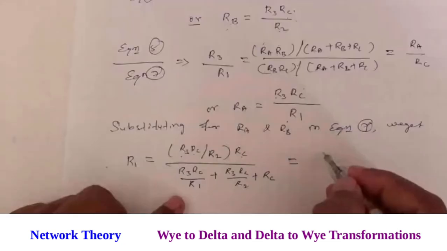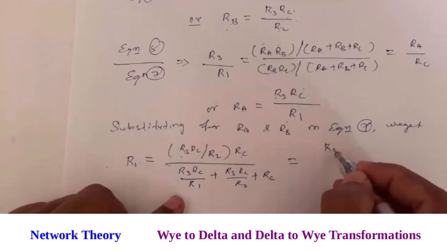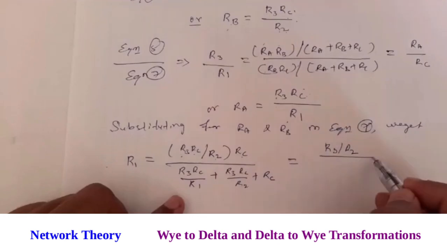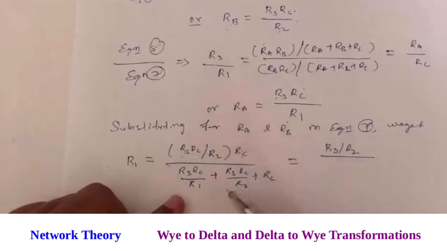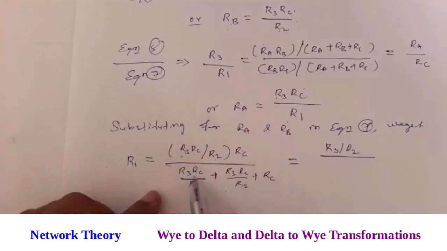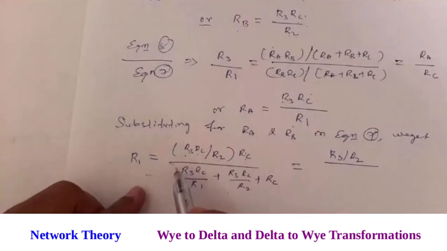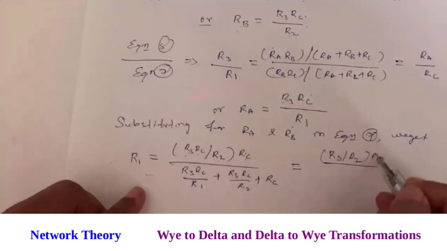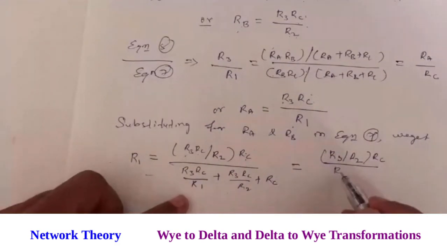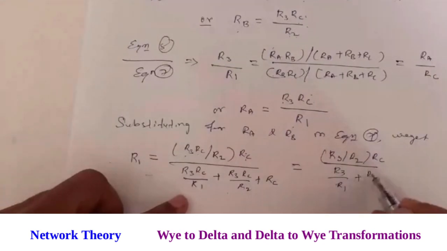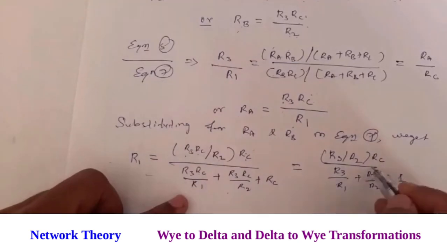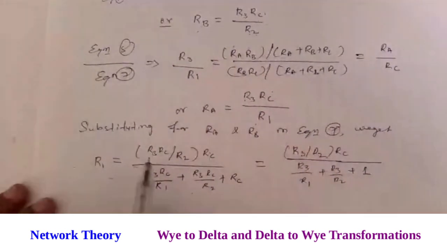This is equal to R3 by R2 divided by, if I take RC, there are 3 RCs, I'll take them outside and it will get cancelled. So this is R3 by R2 into only one RC, divided by R3 by R1 plus R3 by R2 plus RC, which has been taken common, so you will get only one. So it's very simple, dear students.